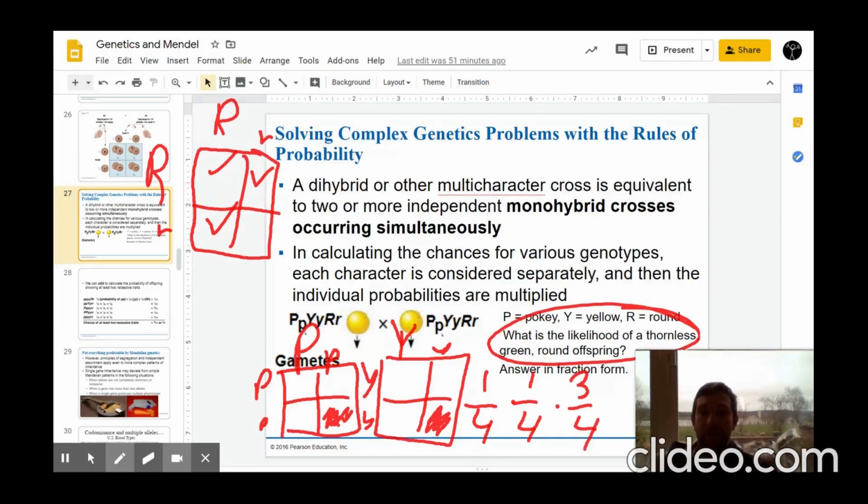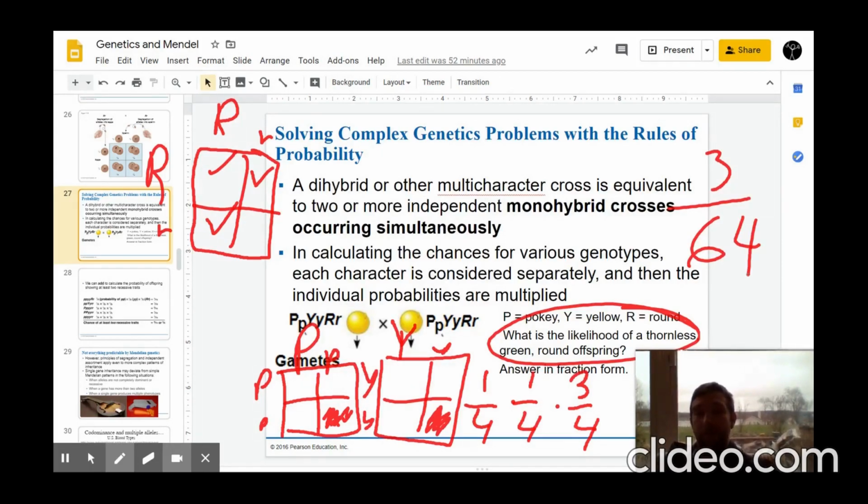That's all we need to do on these. So we just multiply straight across. We multiply fractions. So 1 times 1 times 3 is 3, and 4 times 4 times 4 is 64. So we end up with 3/64 of the offspring who are thornless, green, and round.